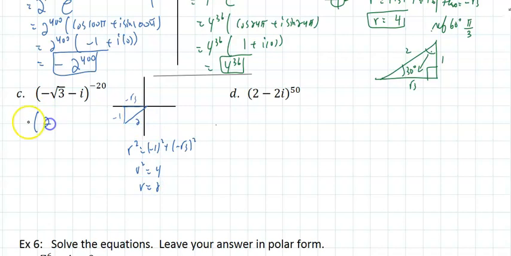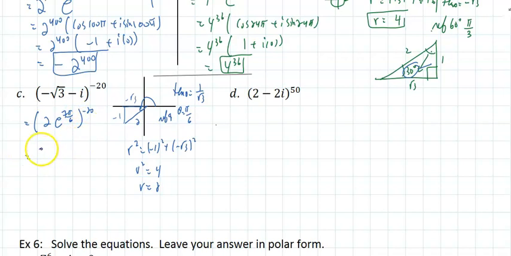So this becomes 2, and tan of theta equals the opposite over the adjacent. That must be at 30 degrees, which is pi over 6. That's a reference angle, of course. Pi over 6 in the third quadrant is 7 pi over 6, times negative 20.